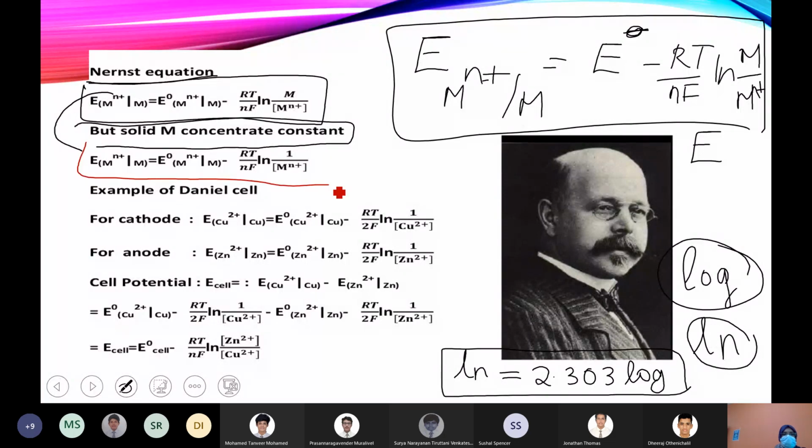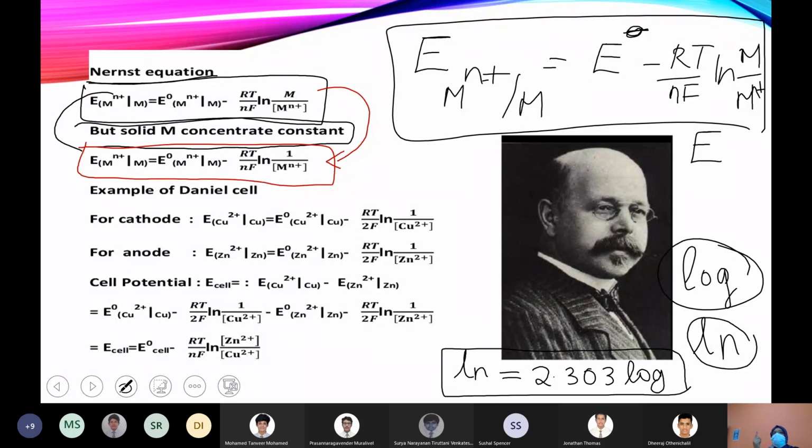Instead of M by Mn plus concentration, we write 1 divided by the concentration of Mn plus ions. Because the concentration of any solid substance is kept as unity or constant. That is why only for ions or the aqueous condition we use the concentration.